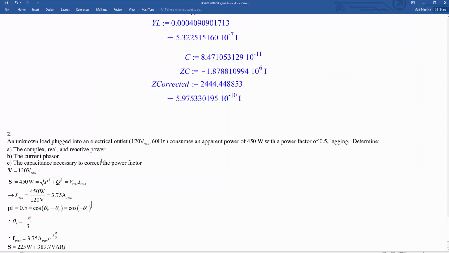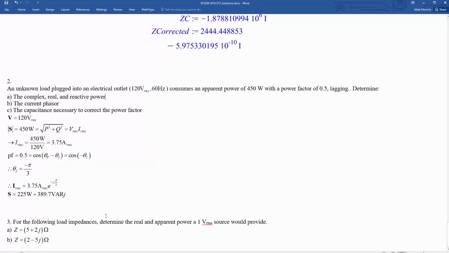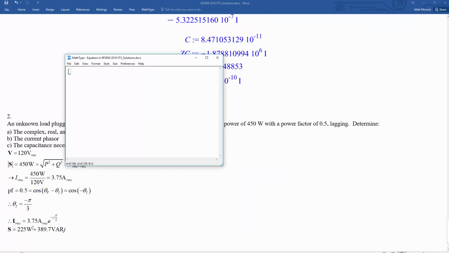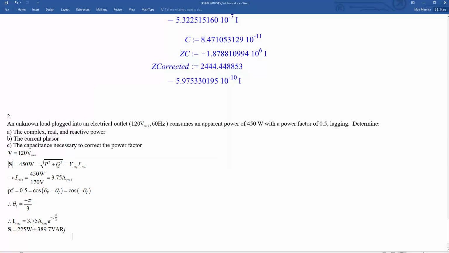Then what else did we need? So complex, real, and reactive power. We need the real power. The real power would be the real part of the complex power. So that means P is 225 watts, and reactive power, Q, is equal to 389.7 volt-amps reactive. Great.